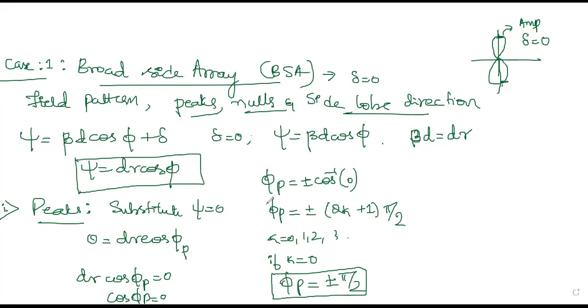For problem purposes, you need to remember this equation, because based on the k values you will find the peak direction. Substituting 0, you get plus or minus pi by 2, which satisfies your broadside array concept. Fine? Yes, ma'am. Okay.